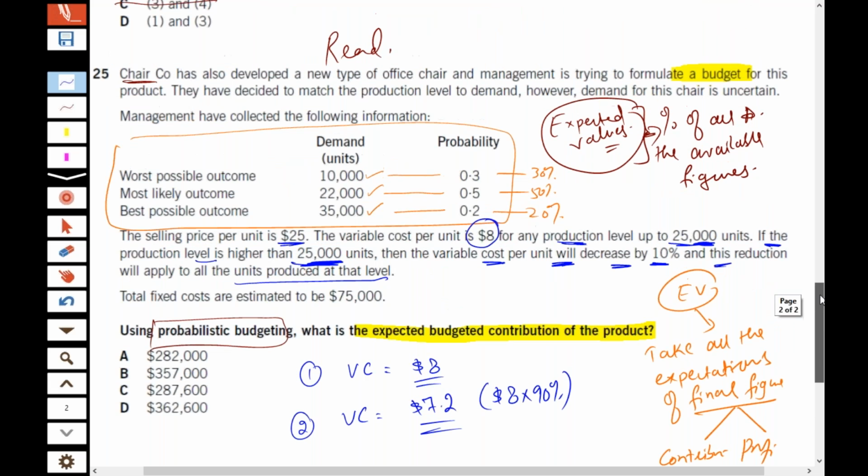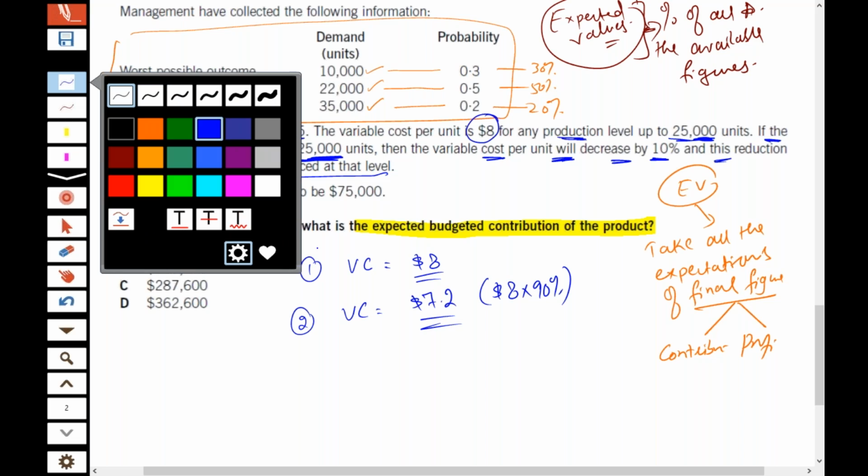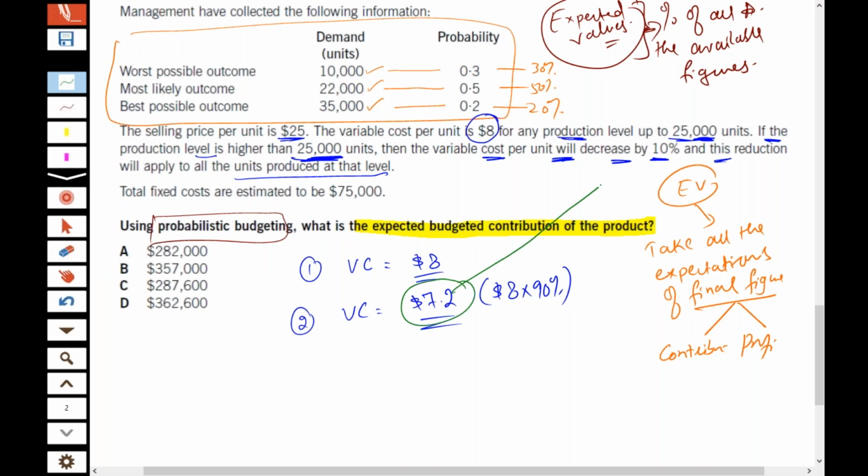Okay, this is the variable cost. But when will this variable cost of 7.2 be applied? When the production level is higher than 25,000.